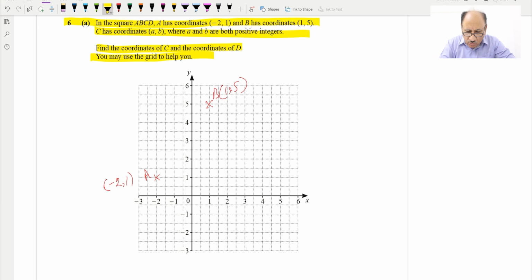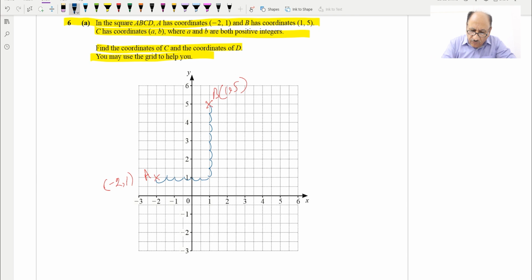Because it is a square, we can check. How will we be checking this? We can check from here. For example, this is 1 box, 2, 3, 4, 5, 6, 7 and 8, and this side is 1, 2, 3, 4, 5, 6. So 6 and 8.